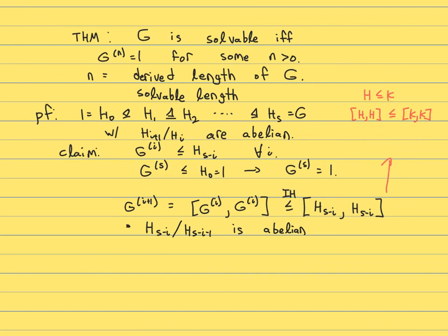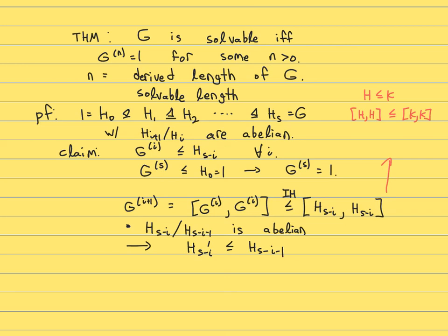And one of the characterizations of the commutator subgroup, or the derived subgroup, is that it's the largest one such that the quotient is abelian. In particular, that tells you that the derived subgroup of H sub s minus i has to be a subgroup of H sub s minus i minus 1.